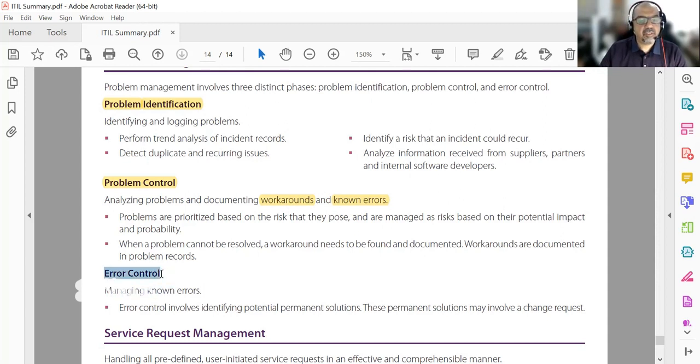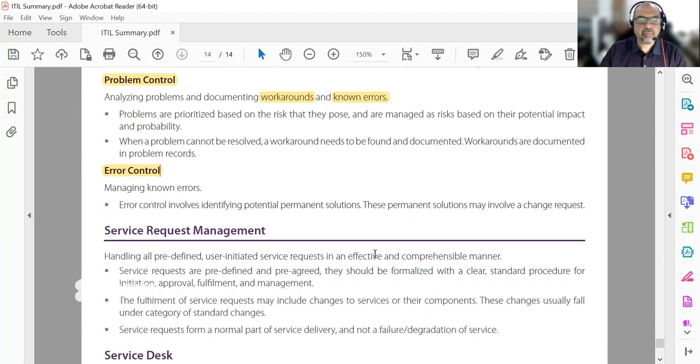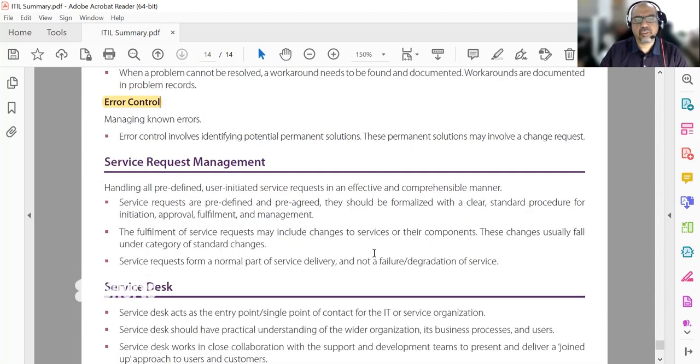Then third phase will be error control. And here we manage known errors. We will try to find permanent solutions, and this may involve a change request. We discussed service request management.